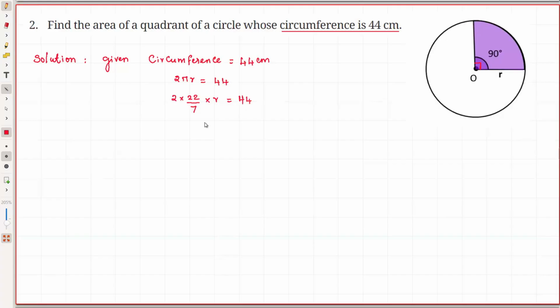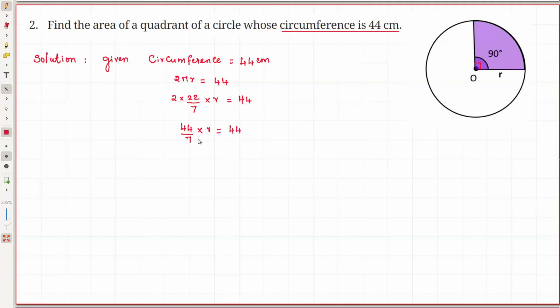So 2 into 22 is 44, so 44/7 into r is equal to 44.